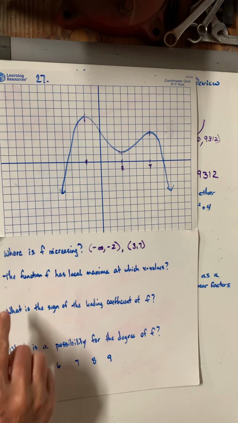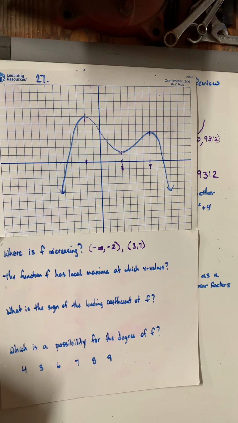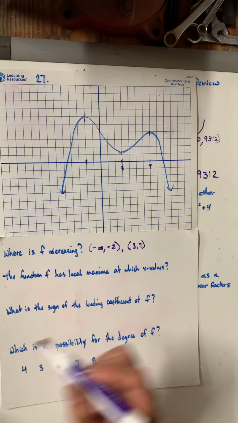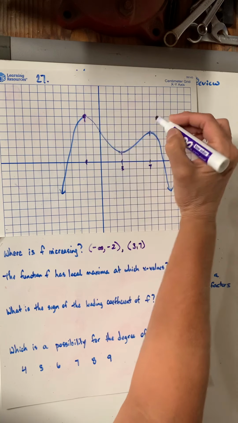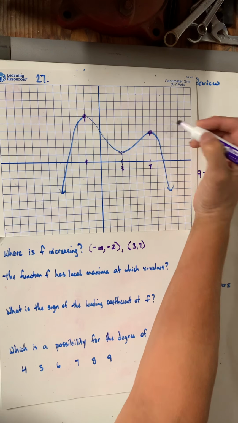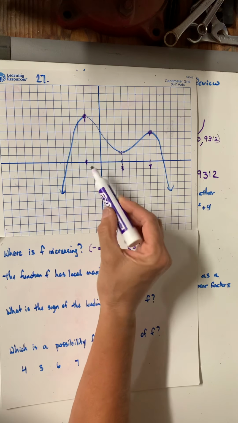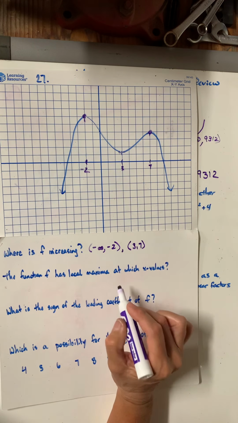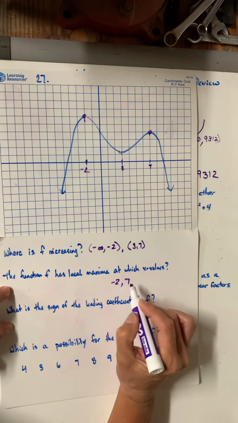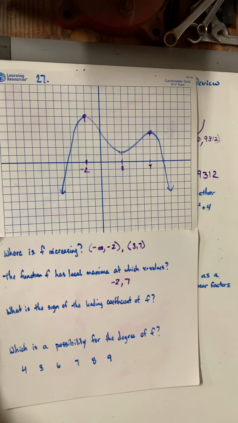Okay, the next question. The function f has local maxima at which x values? These are our two local maxima, here and here, and they want the x values for those two positions. So this is -2, and this is 7. The third question says, what is the sign of the leading coefficient of f?